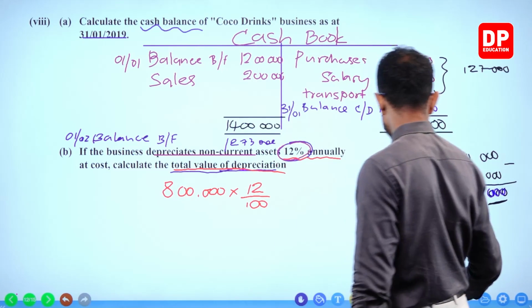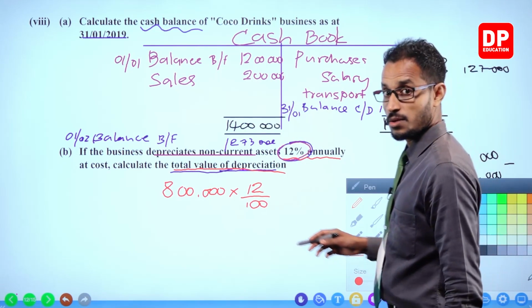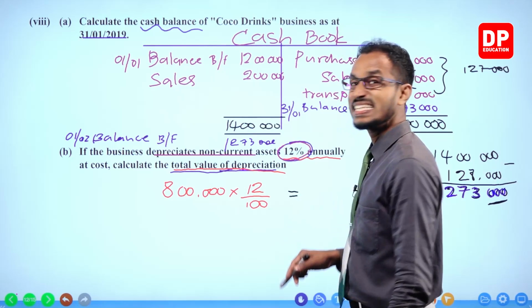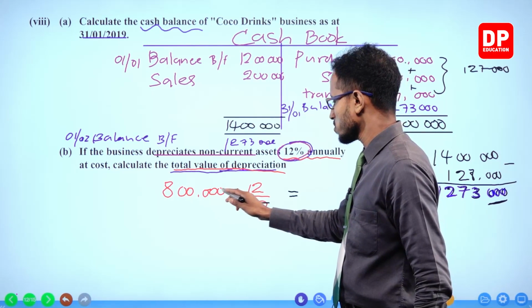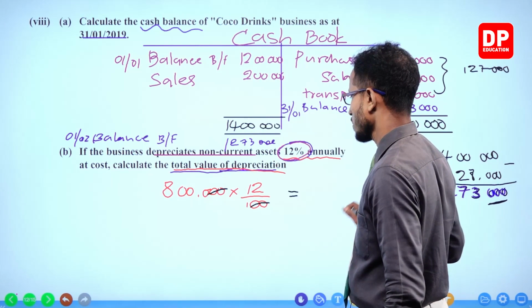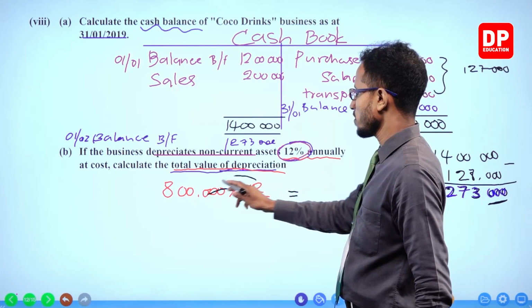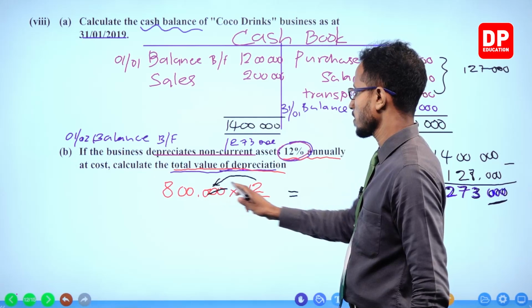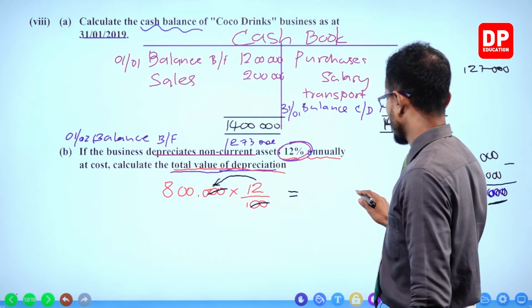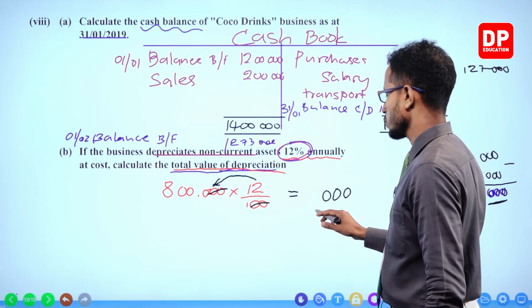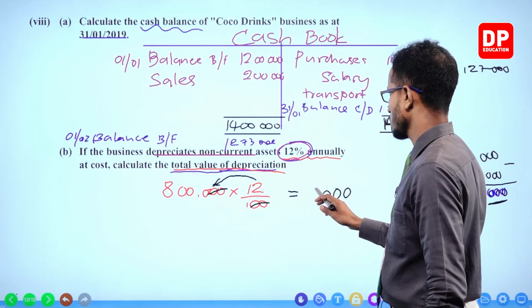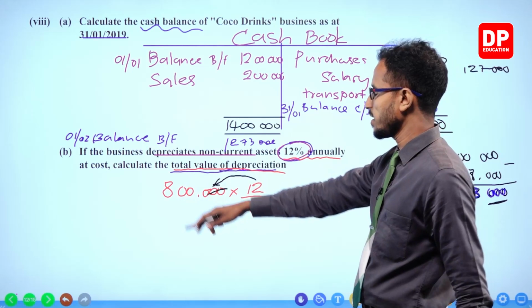Got it? Sometimes you get tricked. Alright, do the calculation. Zeros cut, and multiply by 12. 12 into 8.